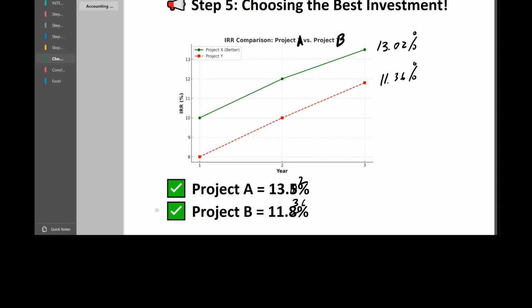So you can clearly see that project A is better than project B because its internal rate of return is higher. So therefore, project A is better.